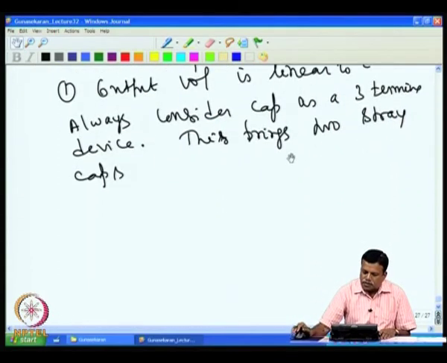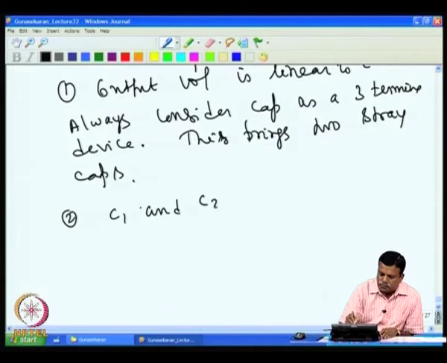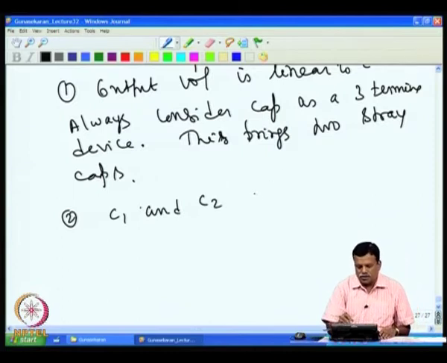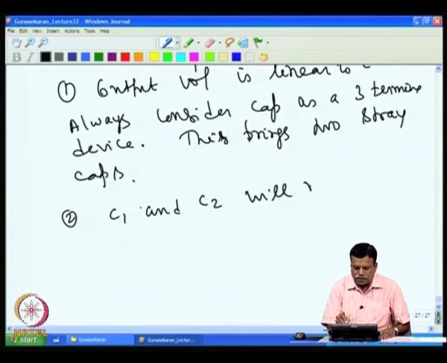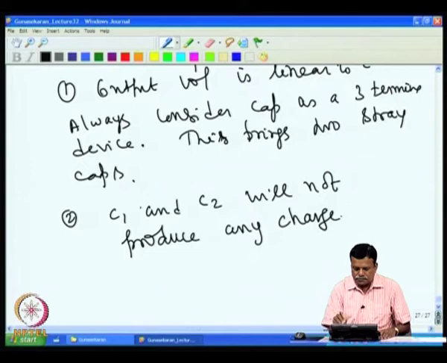So, the two stray capacitances, C1 and C2, will not produce any change in the output voltage V naught.